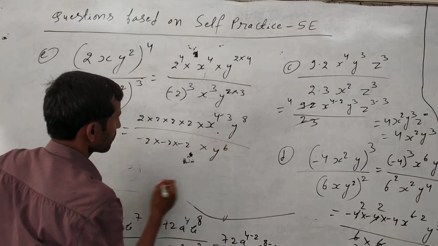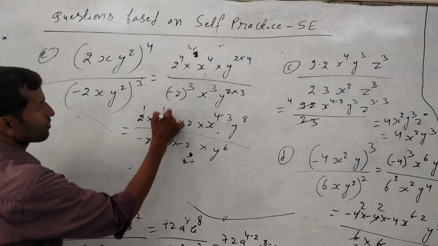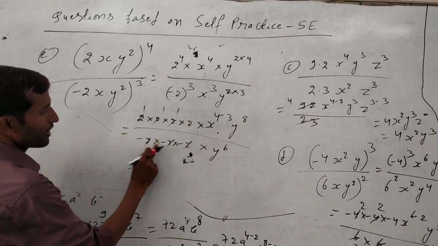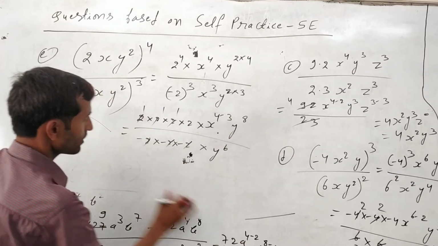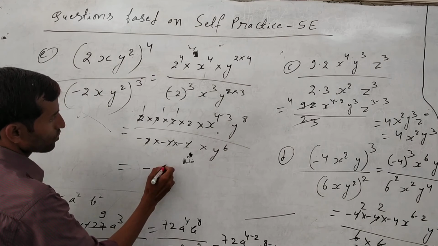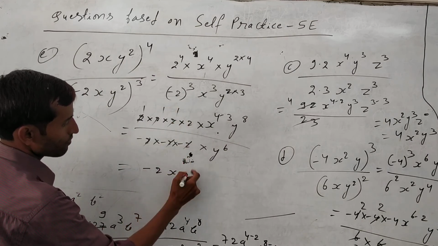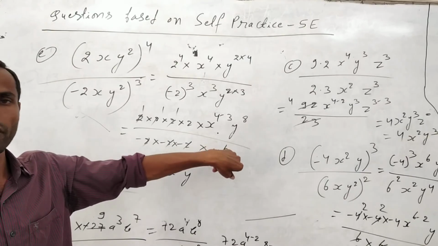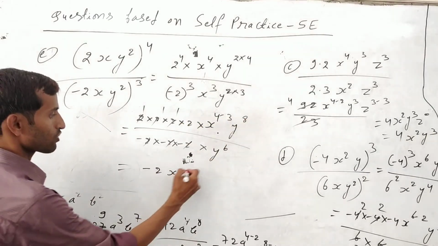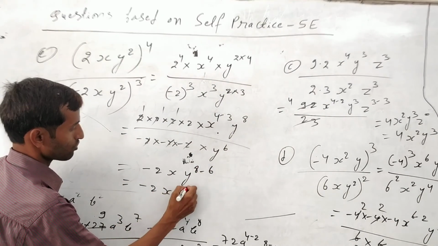Now we can cancel out 2 and 2, and 2 1 are 2, and minus minus will get plus, and 1 minus is remaining. So the final answer is minus 2, because this minus will go over, and x power 1, and y I will subtract because both have the same base and division is there, so the power will be subtracted. So 8 minus 6 will come, so minus 2x y square, final answer.